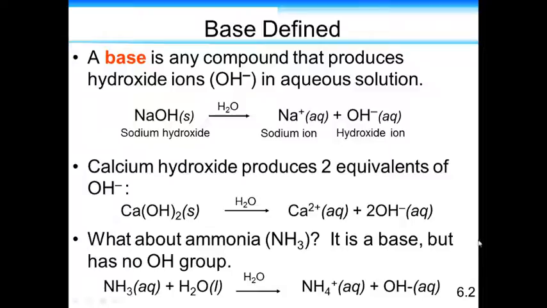So the rule of thumb is if you have an alkali metal in group 1 or an alkaline metal in group 2, they will be bases. Additionally, compounds containing nitrogen also will act as bases, not as strong as the alkali metal bases that contain an OH minus, but still will have this basic property.